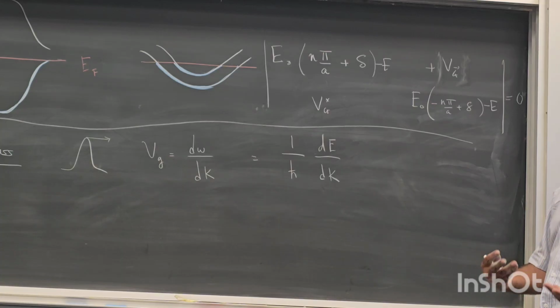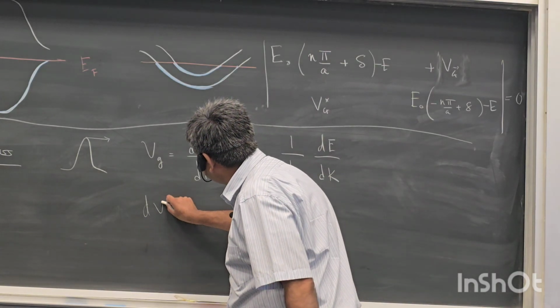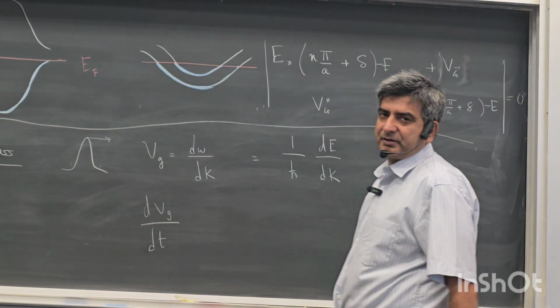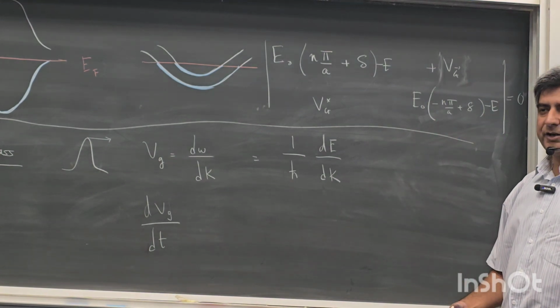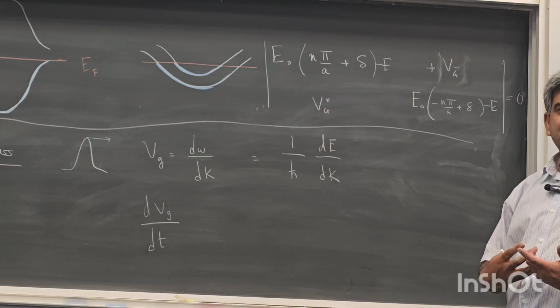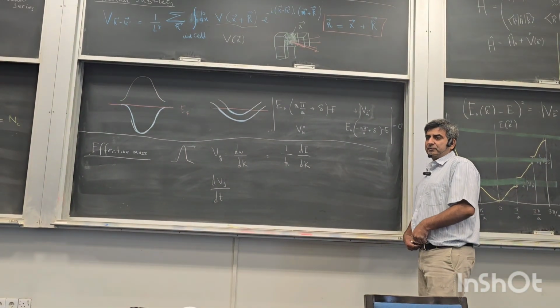Now if this is true, let's talk about mass for the electron. The electron will have some mass, some effective mass. If I take the derivative of this group velocity, I will get some acceleration, some quantity which may not be the physical acceleration of the electron, but still some quantity that is proportional to acceleration.